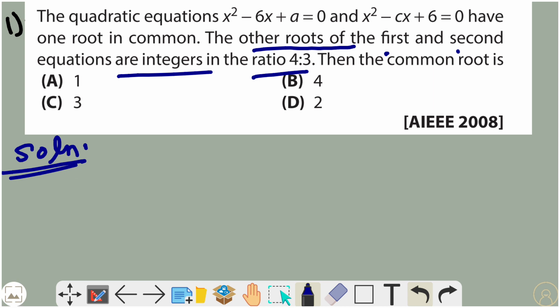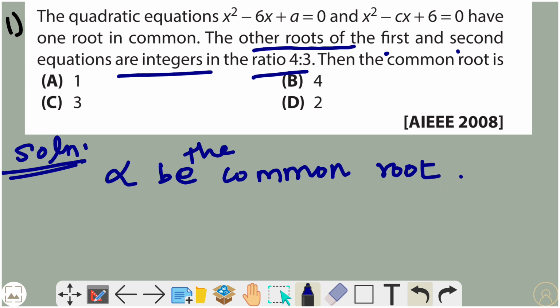Okay, so we know that alpha and beta are the roots of the equation. Let me take alpha to be the common root.